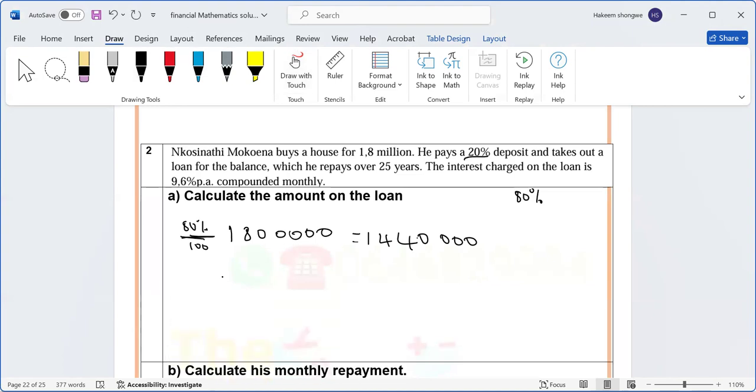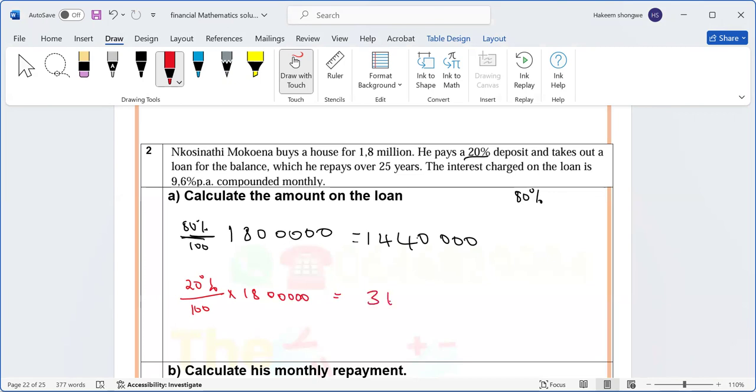Another way in which this could have been done is this way. We could have asked how much we are paying as the deposit. I'm going to do it with a red color. So I would have said 20 all over 100, multiplied by 1.8. That gives 360,000.